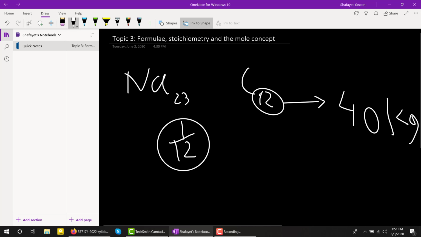So 23 means that this 23 is 23 times 1 by 12 of this mass. When we have calcium, of 40, it basically means calcium is 40 times as heavy as 1/12 of the mass of this carbon.